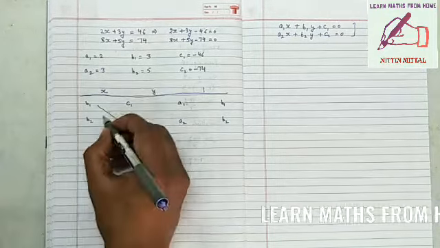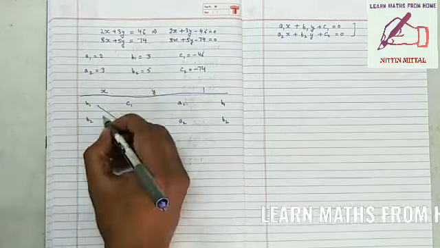You know why we are writing all this? If you want to understand, you must see the video in which I have done the derivation for this method. You will understand why we are writing all this. But here I am explaining how to apply this cross multiplication method. So once again, step 1, write the coefficients and constant terms by comparing with the standard pair of linear equations: a1, a2, b1, b2, c1, c2.